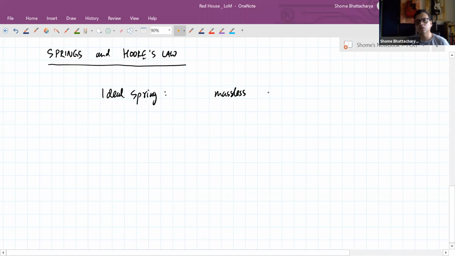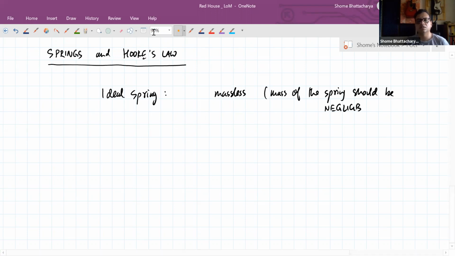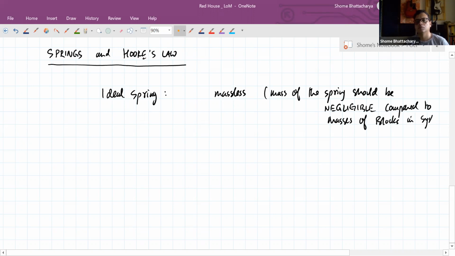In other words, the mass of the spring should be negligible compared to the mass of any other objects attached to it in the system.